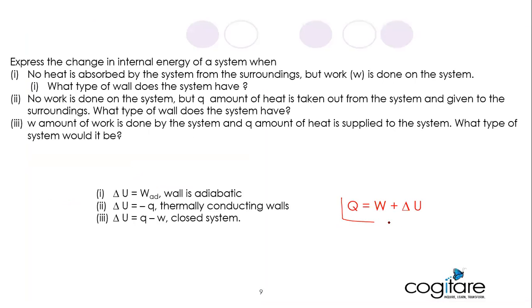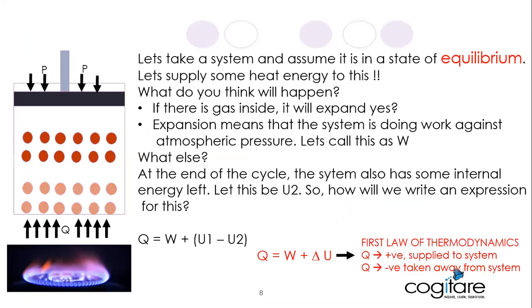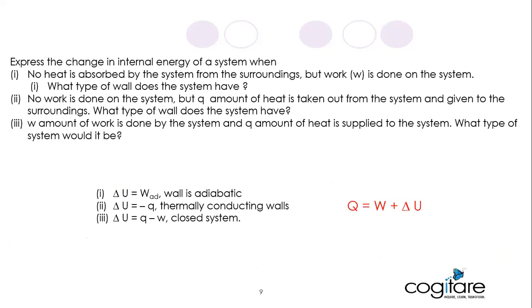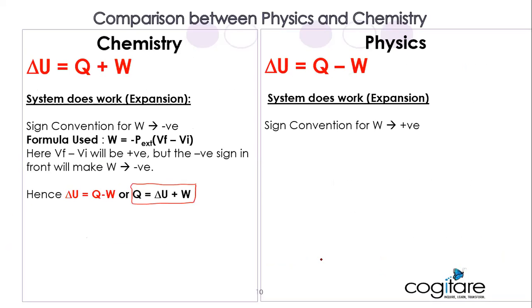This is the case where we get Q is equal to delta U plus W when we discussed the first law of thermodynamics. This is a specific case where we are dealing with expansion work. Q is equal to delta U plus W.